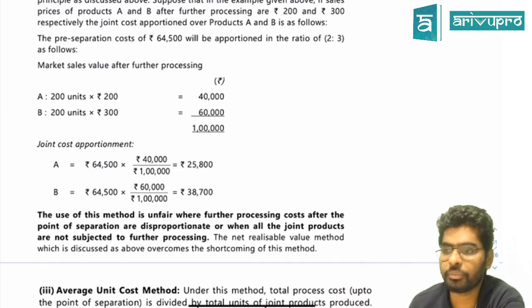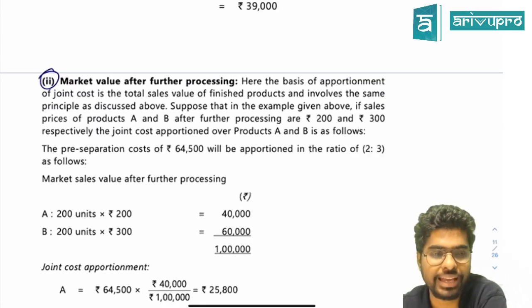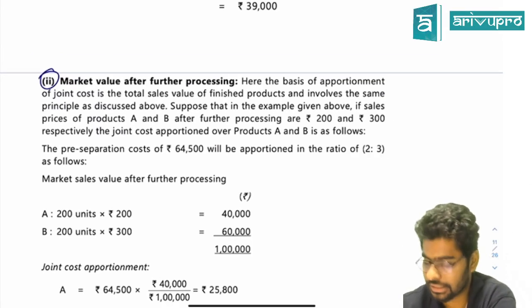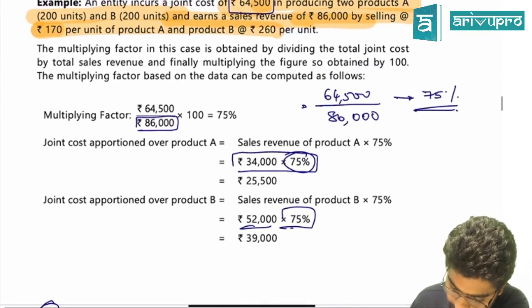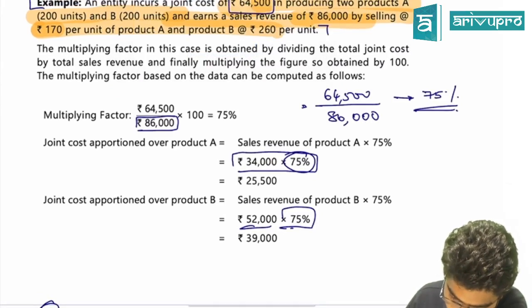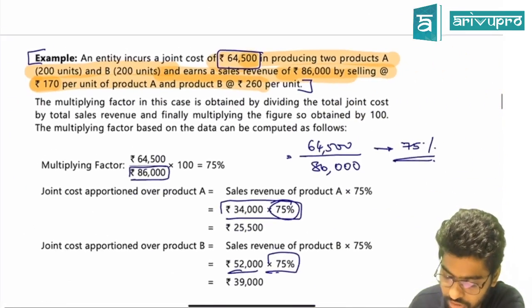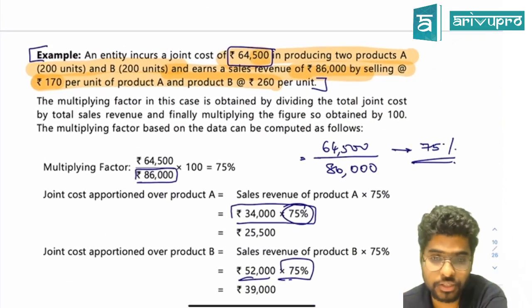Now when I am talking of further processing, I am talking of the end product. I want you guys to please read this question carefully, because this is where students get confused with what they are trying to say.